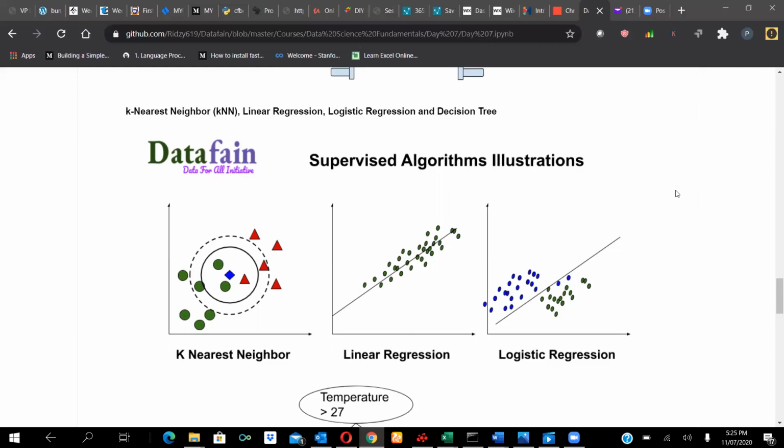That's what K nearest neighbor is all about: classifying data sets based on the nearest neighbor, which particular data set is closer to which particular data set. How close is data set A to data set B? By the time you measure their closeness, you then use your K nearest neighbor model and classify those data sets.